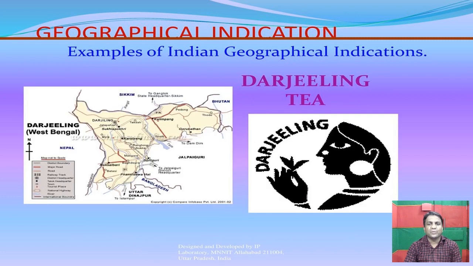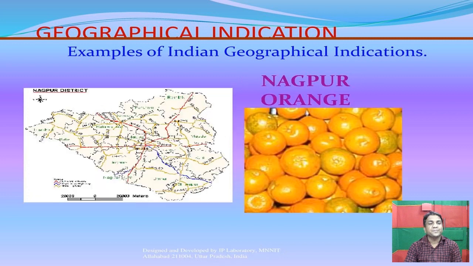The characteristics of this tea come naturally from the Darjeeling area. So this is a geographical indication. Then Nagpur orange. Nagpur is also famous in Maharashtra for this particular fruit crop, the orange. Nagpur is also referred to as the orange city.